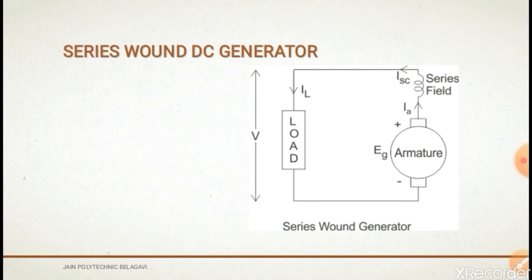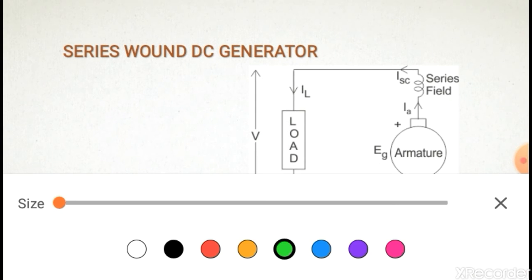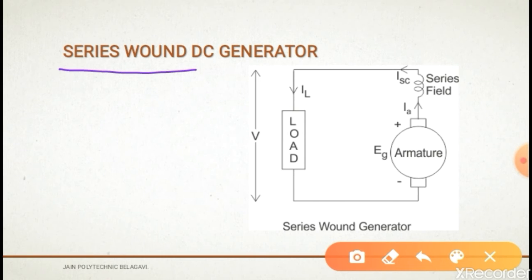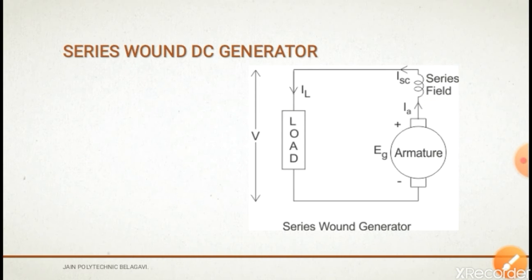Next we'll see the series wound DC generator. The name itself indicates it. In this type of generator, the armature winding is connected in series with the field winding. So the current flowing through the armature winding is equal to the series field winding current, and it is equal to the load current.